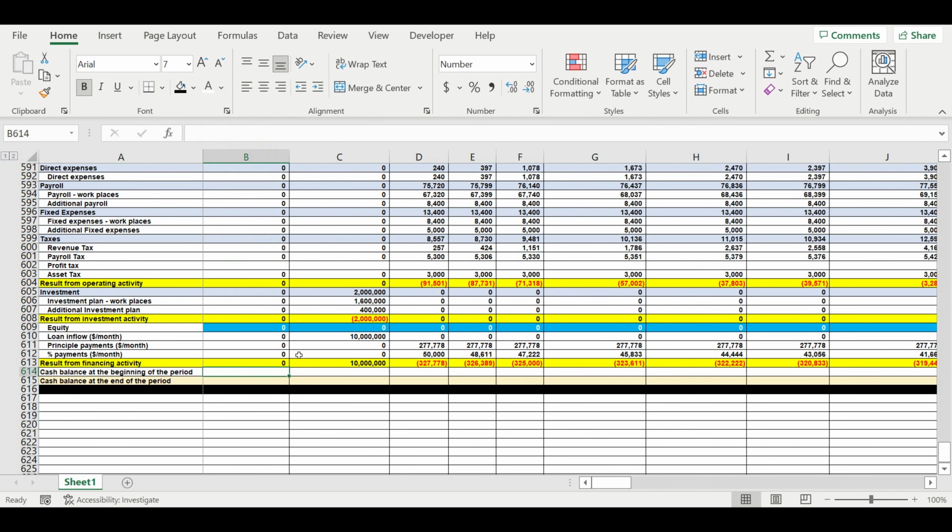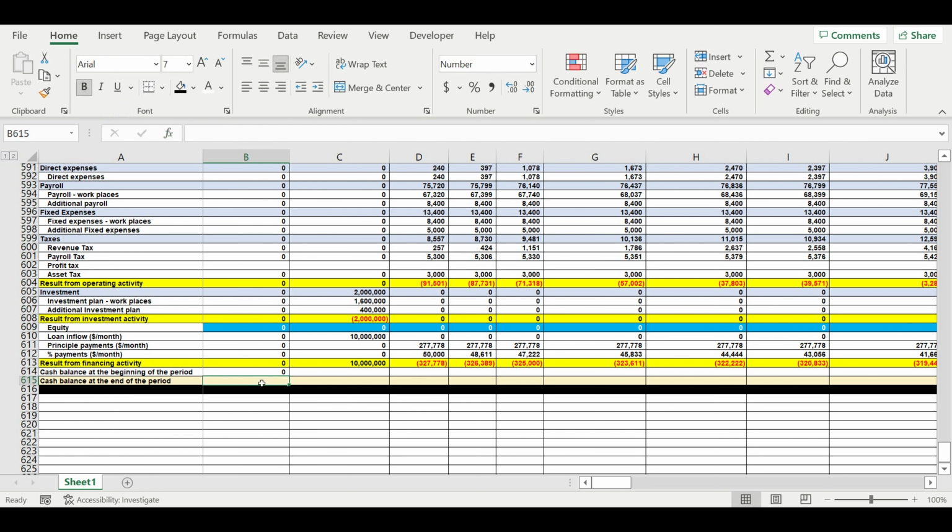The cash balance at the beginning of the period will be this plus the result from operating activity plus the result from investment activity plus the result from financing activity. Here will be 0 in the first month.